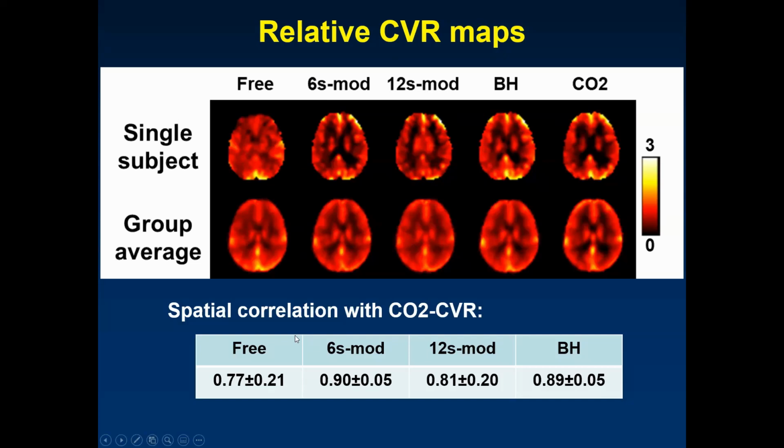If we look at the spatial correlation values between the different non-gas methods and the CO2 CVR results, we found that the free breathing showed the lowest spatial correlation, while the 6 seconds modulation showed a similar spatial correlation to the breath holding methods.